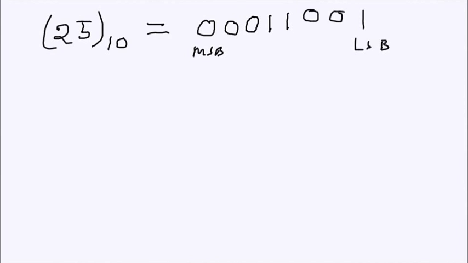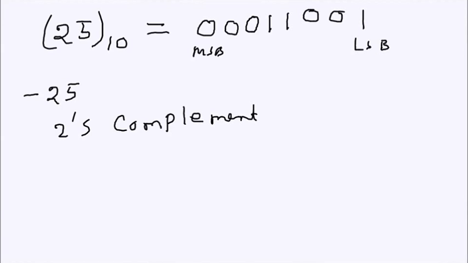But when we represent negative 25, there are two ways to do that. One is 2's complement representation, and another one is signed magnitude representation.